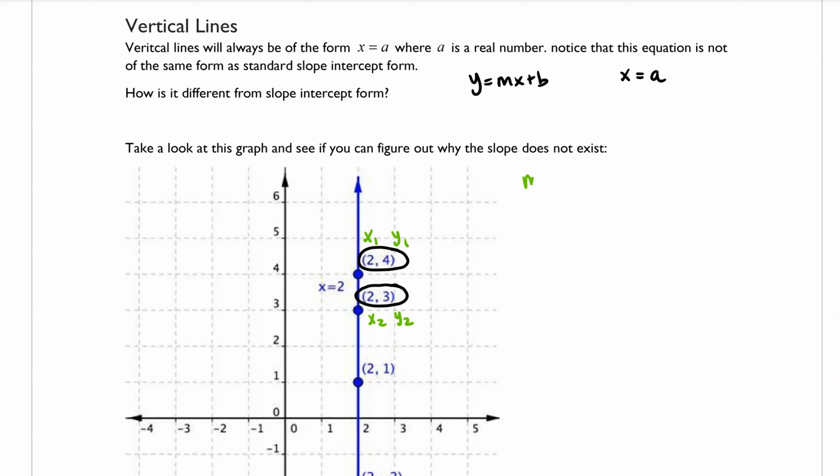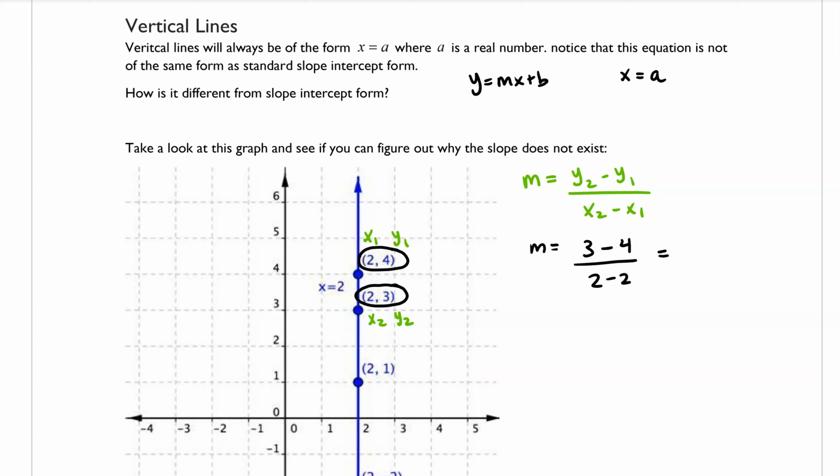So now if I'm using our slope formula, m equals y2 minus y1 over x2 minus x1. If I fill those values in, we're going to get m equals 3 minus 4 over 2 minus 2.